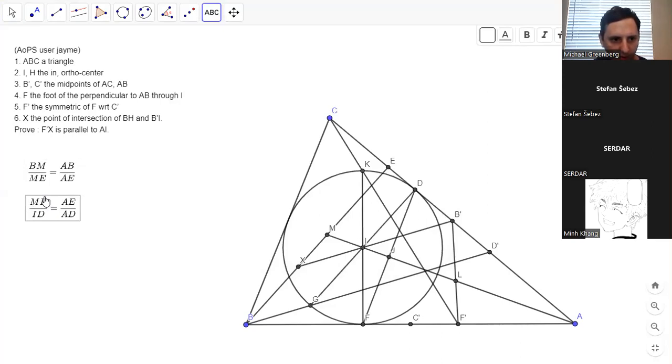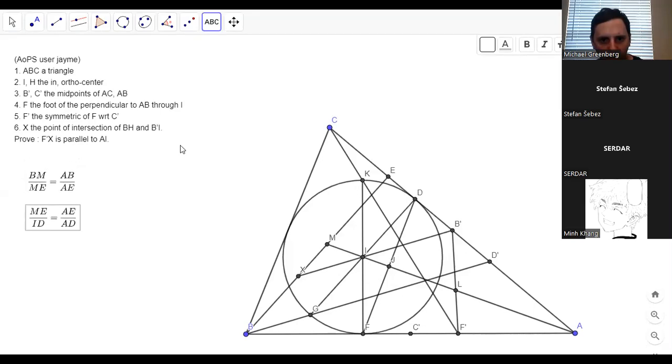So if we combine these, okay, so Serdar. Okay, so first I'm going to do Stefan's way, and then I'm going to do it Serdar's way.